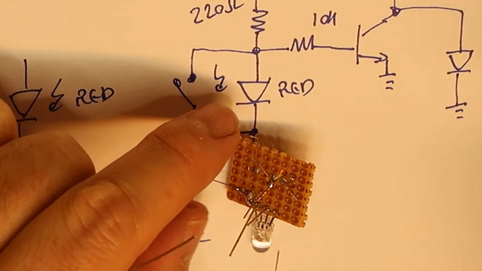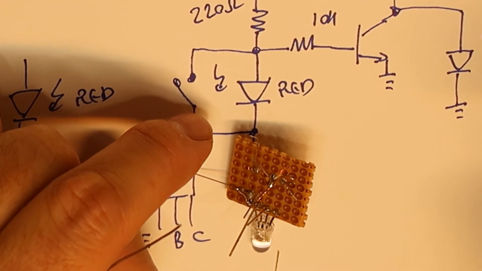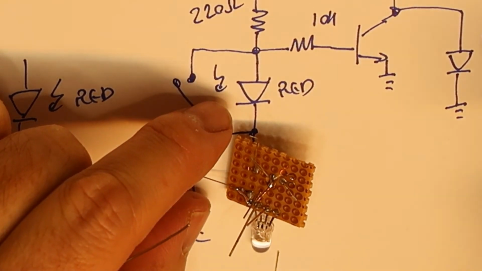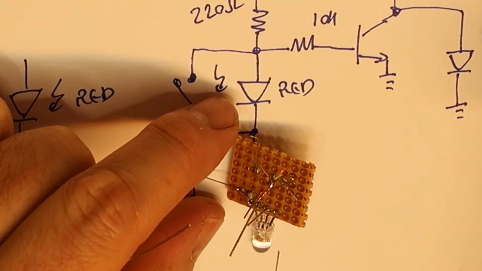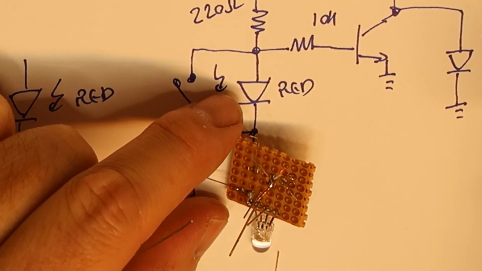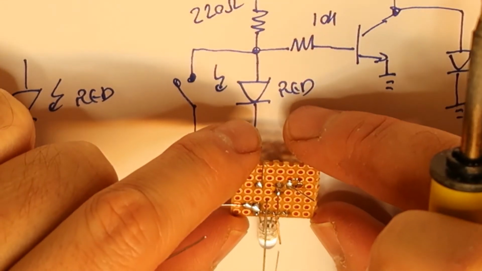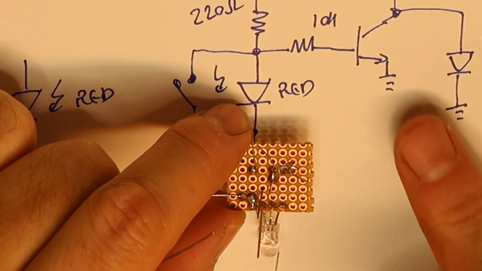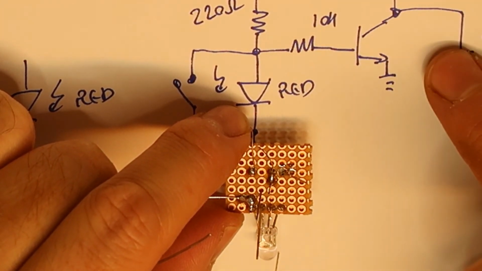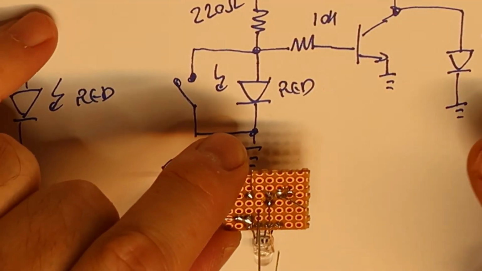So, but it should go, let me think, from the collector, yes, directly from the collector. Yes, it should go from the collector directly to the LED.